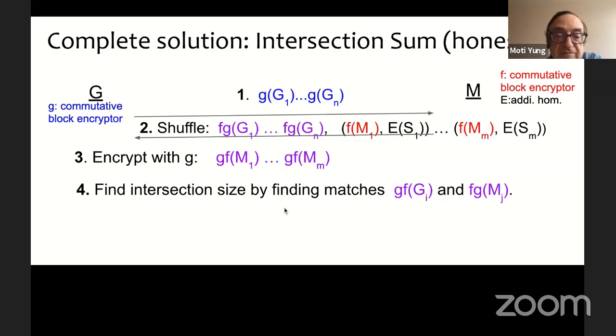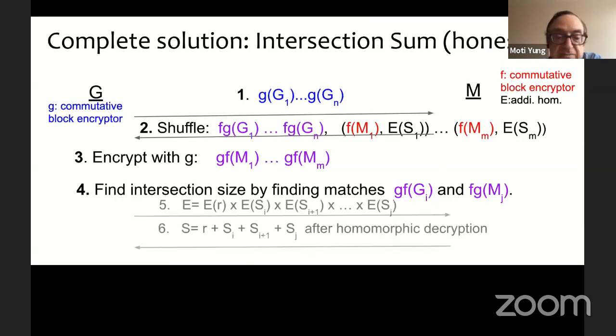So assume we do the shuffle, so it only counts matches and gets the intersection cardinality. Now to continue and get the sum: each element in the matching has an associated E of Si with it, which is an additive homomorphic encryption that M holds.